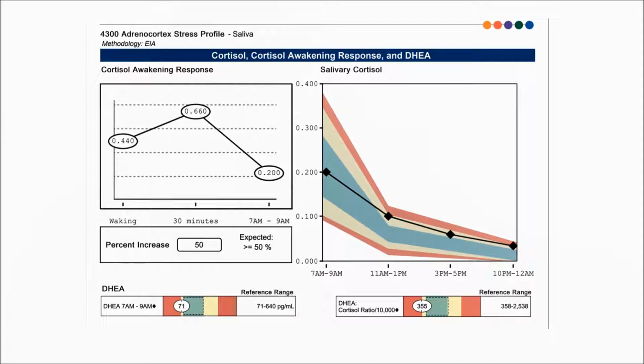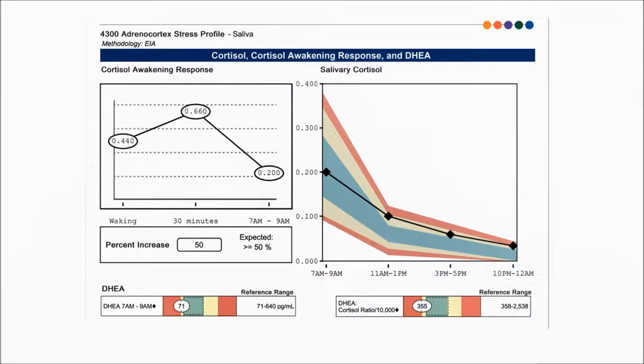Now, one more thing that's tested in this saliva is also a different hormone than cortisol, and that's a hormone called DHEA, dehydroepiandrosterone. DHEA, folks, is a vitality hormone. It is an anabolic hormone, a hormone that builds you up, a hormone that makes you feel strong and healthy.